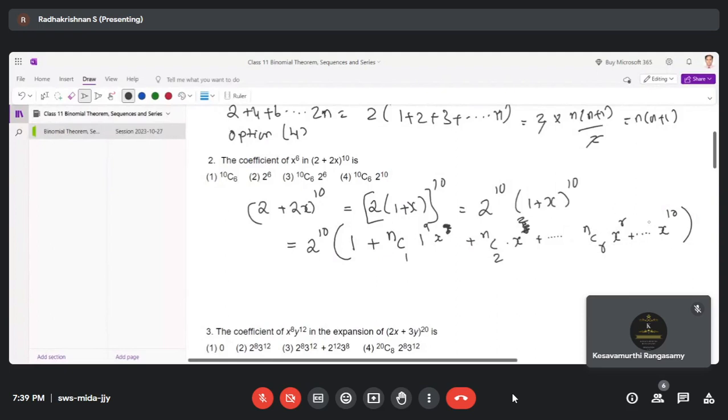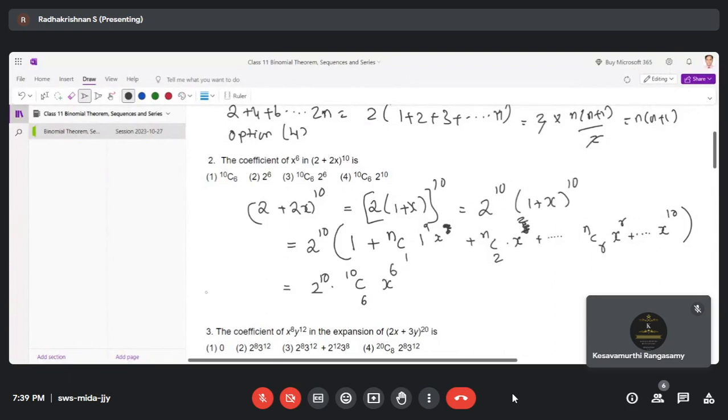The final term will be ncn, which is again 1 into x power 10. So where the coefficient of x power 6 is needed, it is going to be nc6 in this case. n is 10 and r is 6.